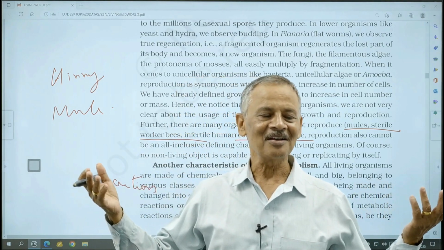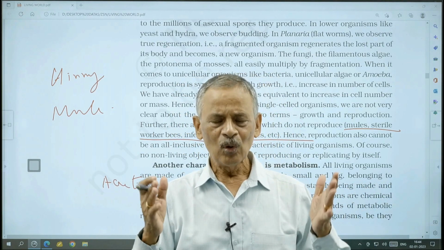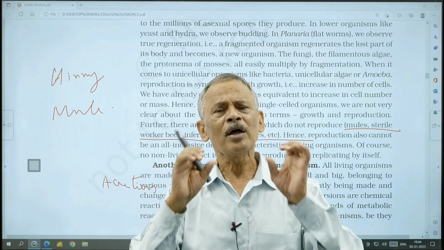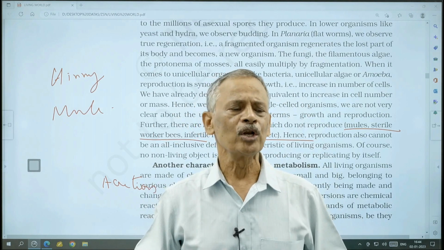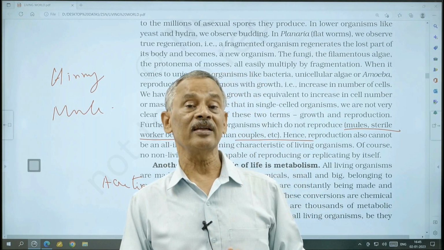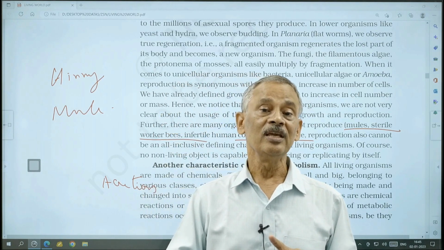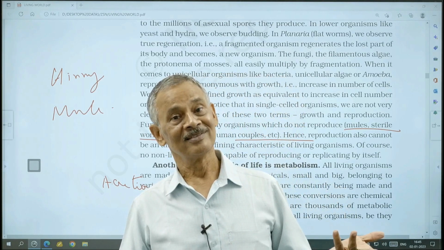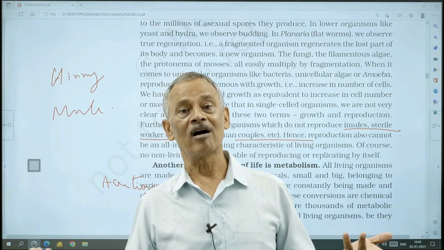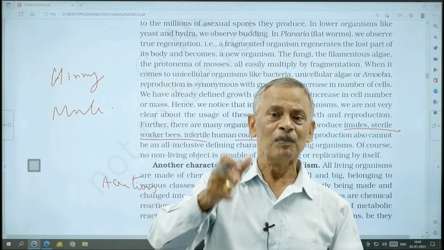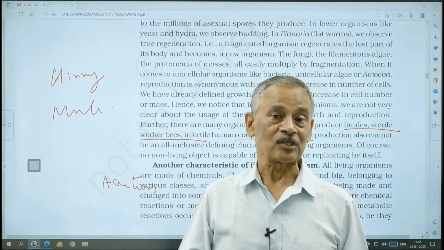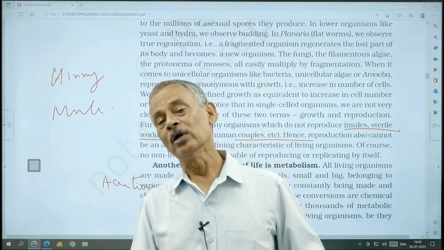They never reproduce. So, we are having a number of examples among living things who are not having the ability to reproduce. Then how can you say that reproduction is an ability that distinguishes a living from a non-living? Not all living things are capable of reproduction. Simply because of that, we cannot say that reproduction is an all-inclusive defining feature.